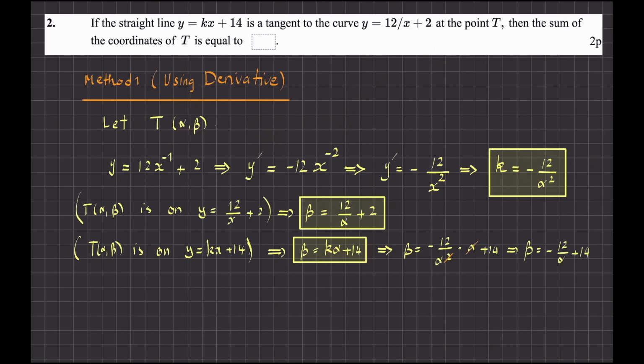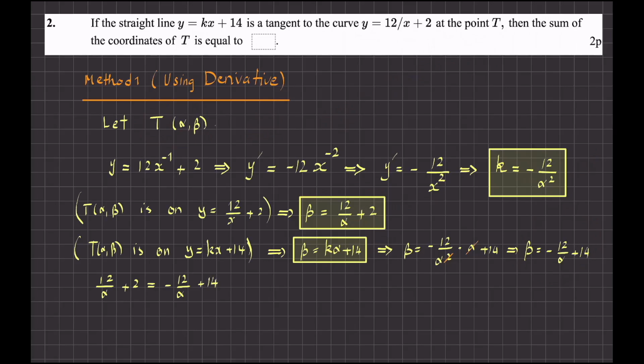Okay, but now look, there is a very nice relation. Beta on the one hand is this expression, beta on the other hand is this expression. So it means that they have to be equal. So this means that 12 over alpha plus 2 should be equal to minus 12 over alpha plus 14.